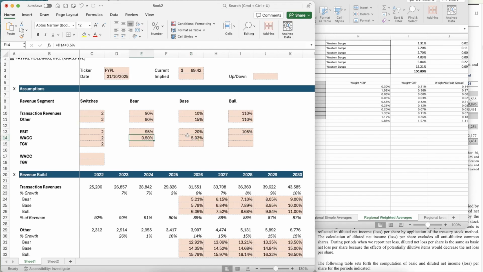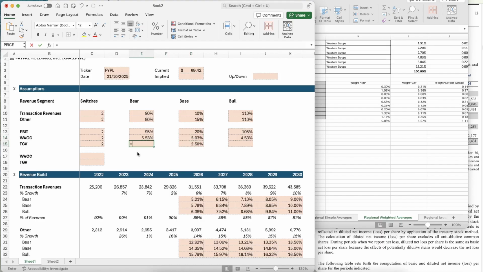So the more bullish you are, the lower the WACC, and the more bearish you are, the higher the WACC. So terminal growth value, we're going to put at 2.5%.